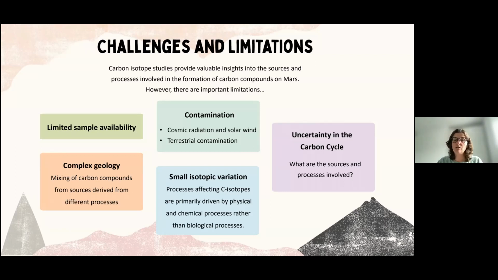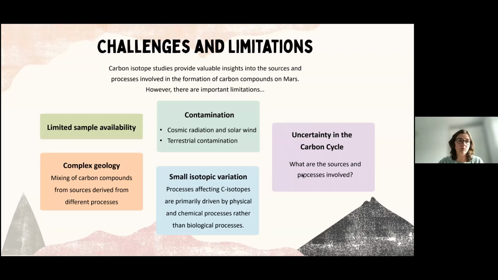Also, another limitation is the uncertainty that we have nowadays about the carbon cycle, because it's not well understood. There is a considerable uncertainty about the sources and processes involved in the formation of carbon compounds, and this uncertainty makes it challenging to interpret carbon isotope data, specifically if multiple sources and processes are involved.